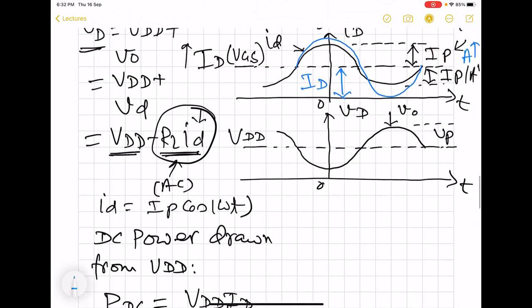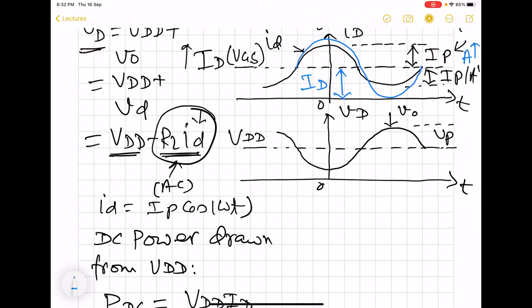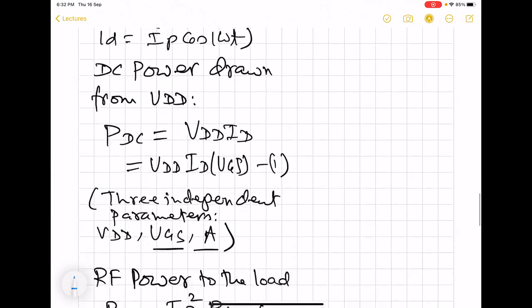So when we have increased our IP, this output voltage is also going to increase. But we still do not know whether this increase is also going to be this much, the full range available for the growth of the drain voltage, or it could be smaller or it could be larger also. So we will discuss this part later.